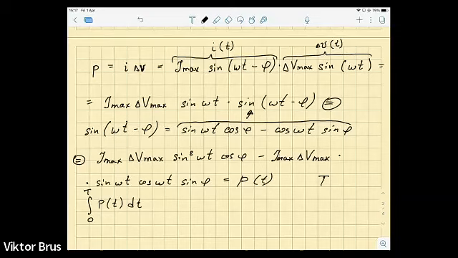There we had this sine squared omega t, and that resulted in an average equal to 1/2.